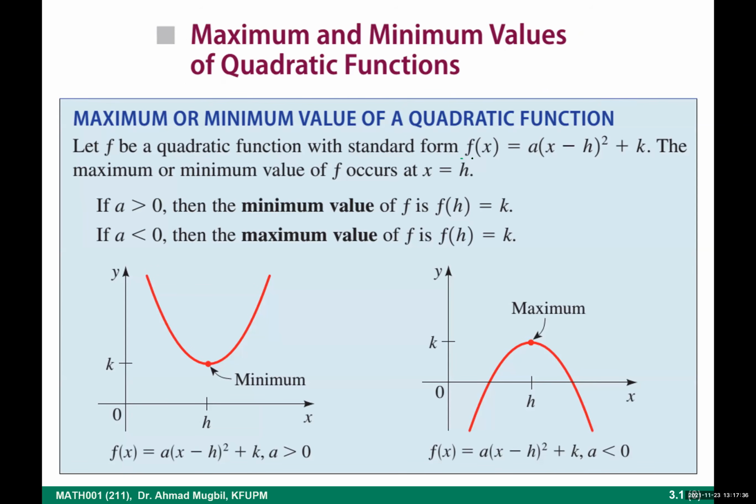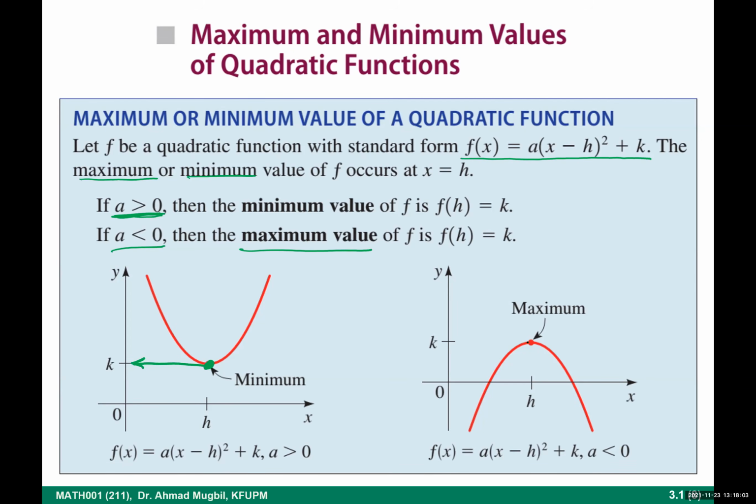If you have the standard form, then you know if it has a maximum or minimum from the coefficient of x squared. If a is positive, there is a minimum value, and if a is negative, there is a maximum value. The question is, what is this minimum and what is this maximum? The minimum here is what? The smallest value that the function can have.